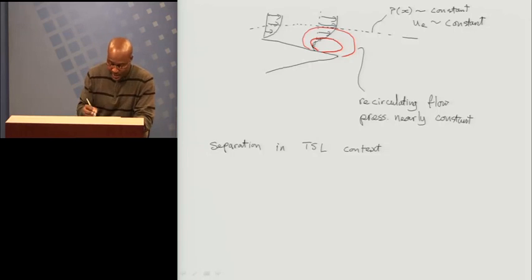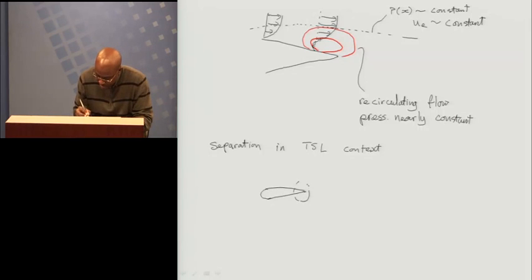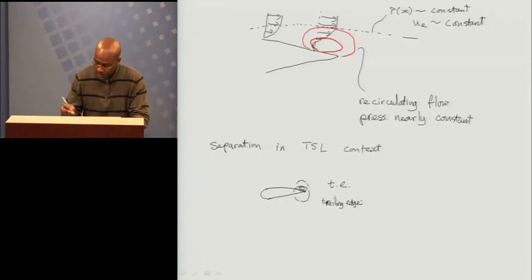You could no longer apply those to see what's happening with the physics in that situation. So if I was looking at a case where I had an airfoil and my separation was right at the trailing edge, so I have my recirculation zone right here, the trailing edge, TE.